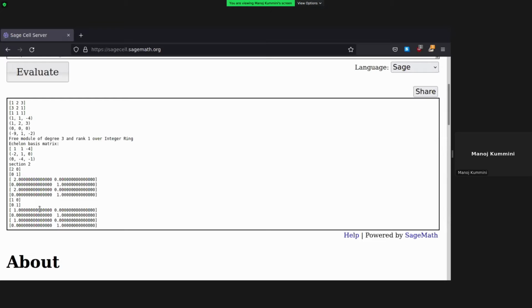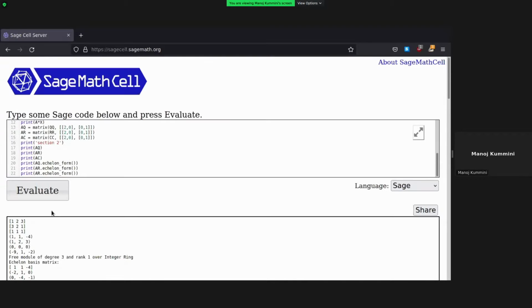It's the same computation, now just written as a real matrix or a complex matrix, with all this floating point approximation. So I hope you got some idea how to do some small computation on the Sage server.